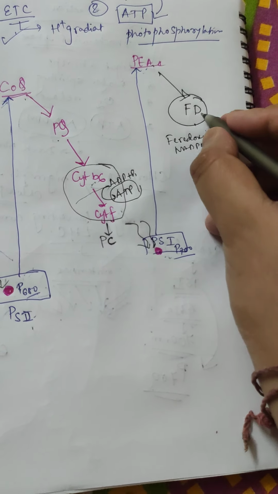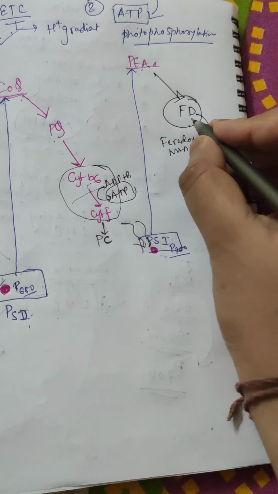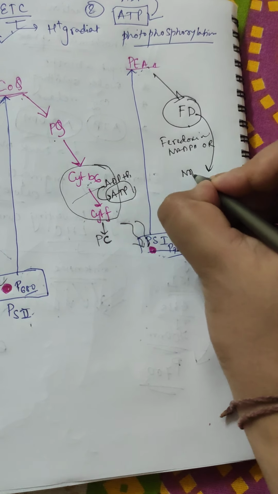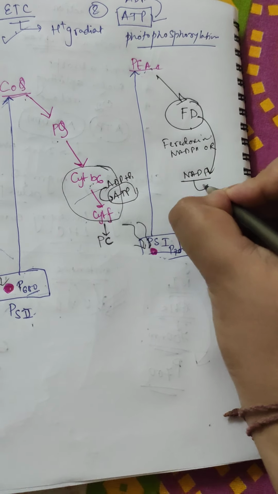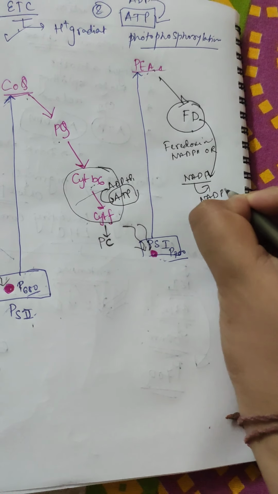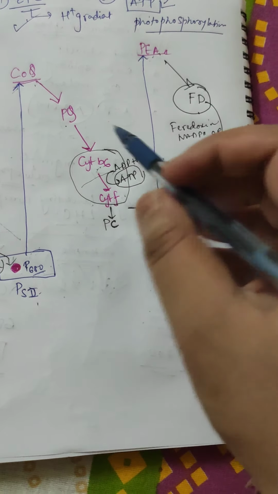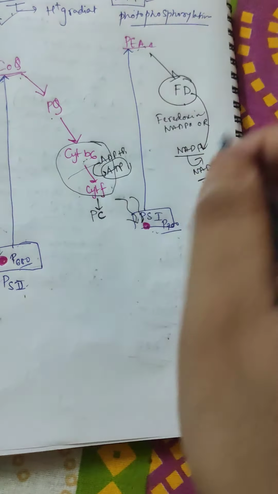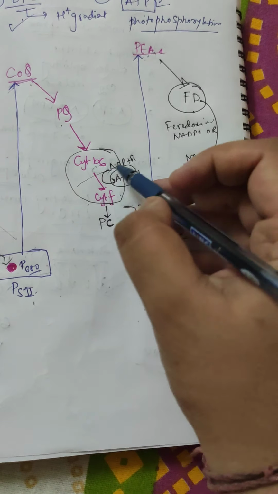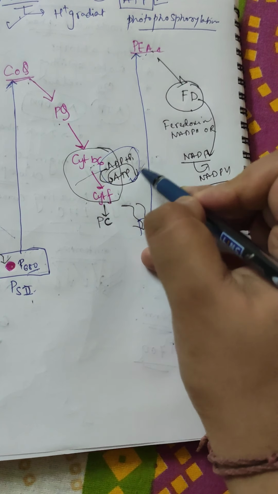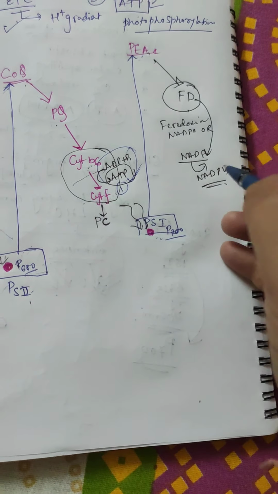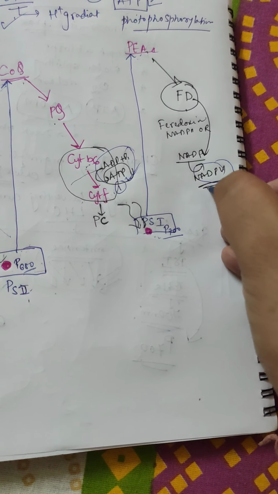It transfers the electron from ferredoxin to NADP, and NADP finally gets converted to NADPH. So in this entire procedure of phosphorylation, ATP is produced, that is the first product, and you also have NADPH production.